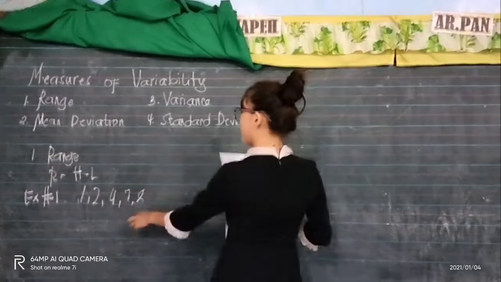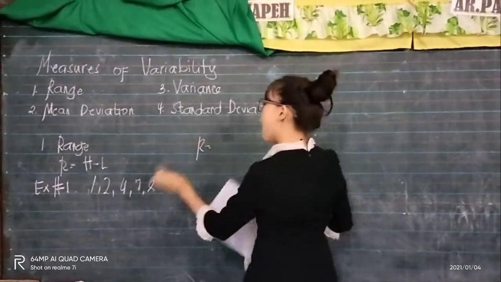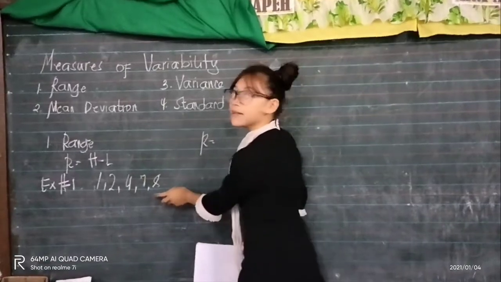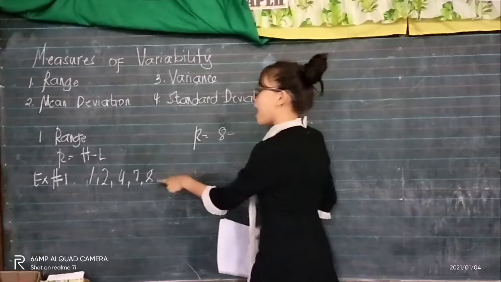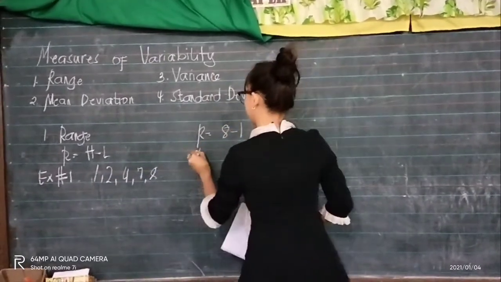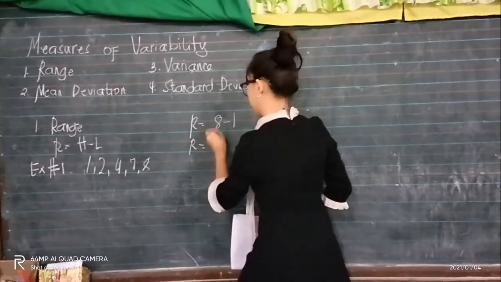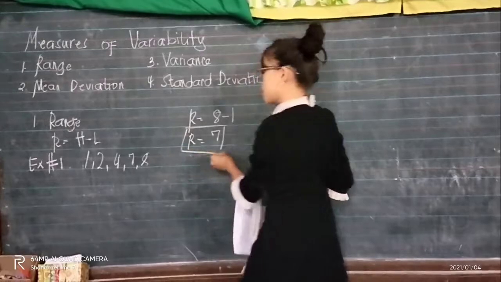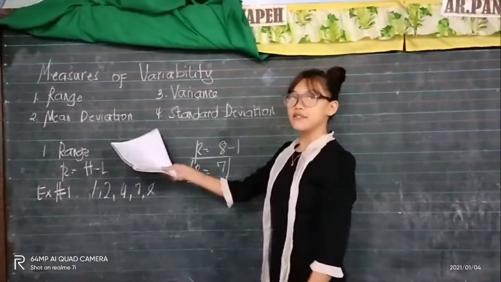To solve this, our highest term is 8, so we're going to put 8 here, minus our lowest term, which is 1. So our range is 8 minus 1, which is equal to 7. So this is our range. Very easy. Next is mean deviation.